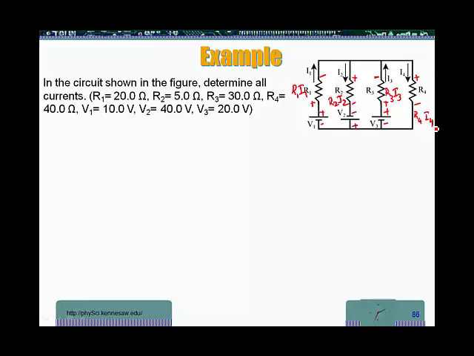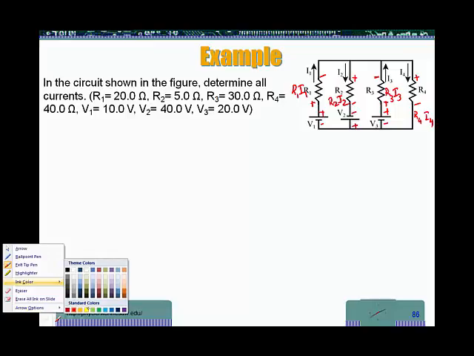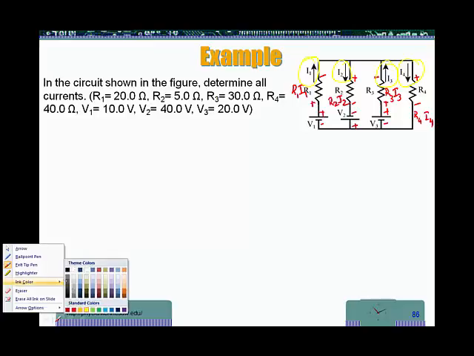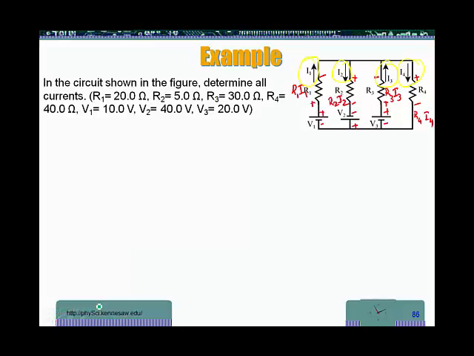Now, if we pay attention to the currents, okay, let me use another color. I1 is going up here. I2 is going down here. I3 is going up, and I4 is going down. Now, the other thing I would like you to pay attention to is the fact that all of this is at the same electrical potential.